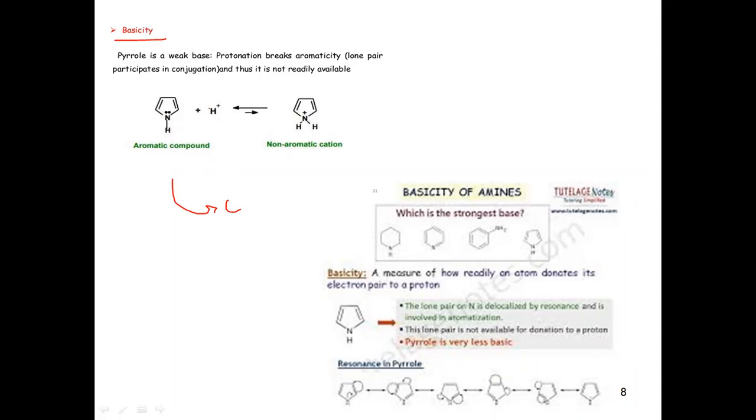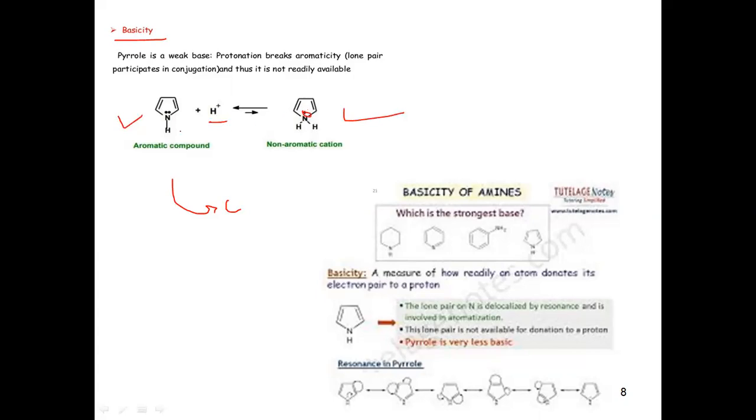Okay, so very simply, now when this aromatic compound pyrrole reacts with the acid, what happens if the electron from the nitrogen is given to this proton and this proton bonds with the nitrogen? You can see here a positive charge on the nitrogen and two hydrogens bonded to this nitrogen. Here no lone pair of electrons on nitrogen is available for delocalization with this conjugated system.